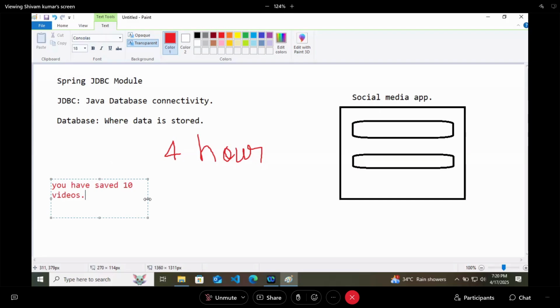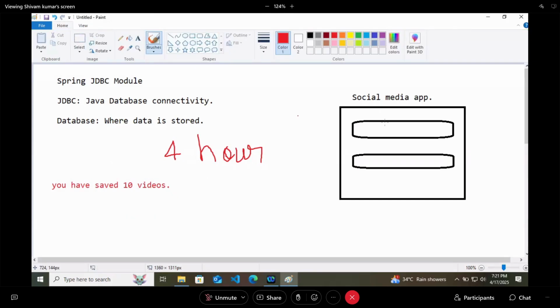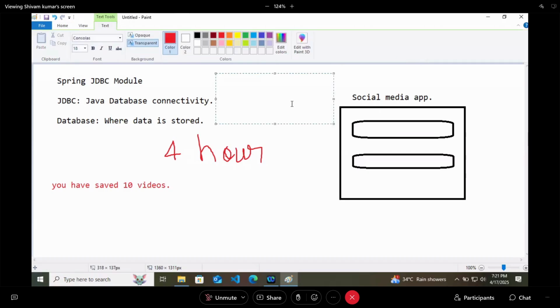But when you come the next day on the app, again it is asking you to create your account. I am expecting that it should remember that there is one user, shivam at the rate of gmail.com, and the password is password.